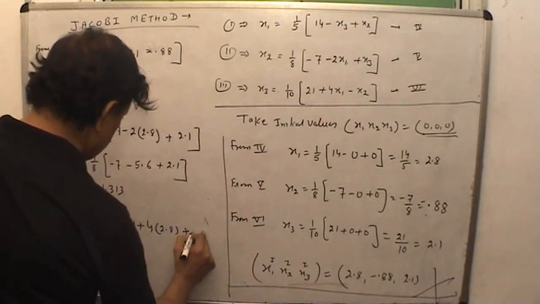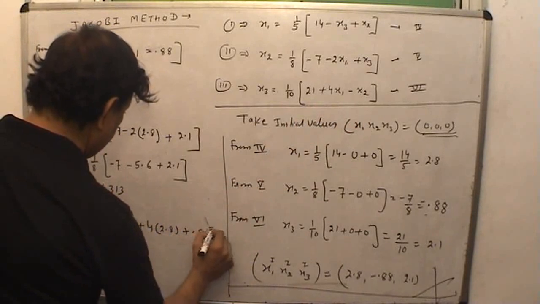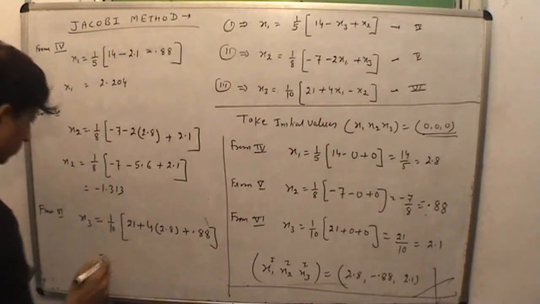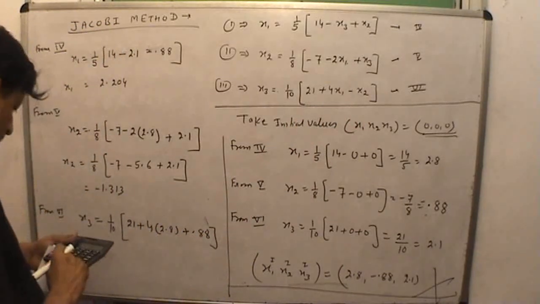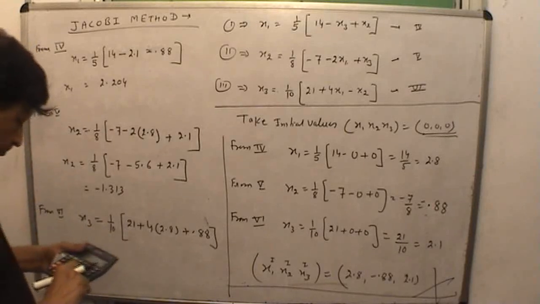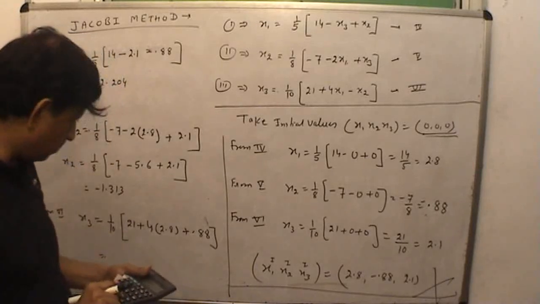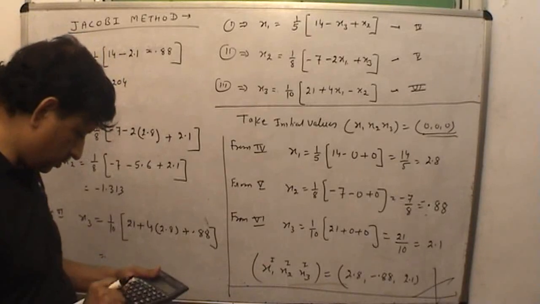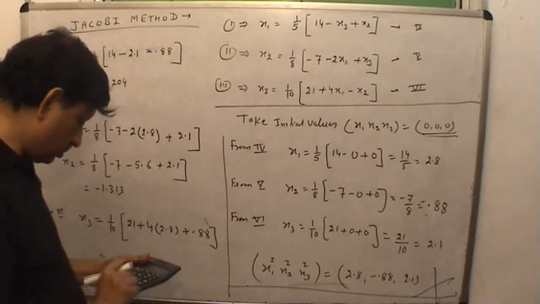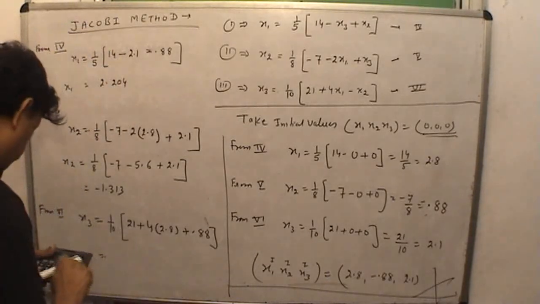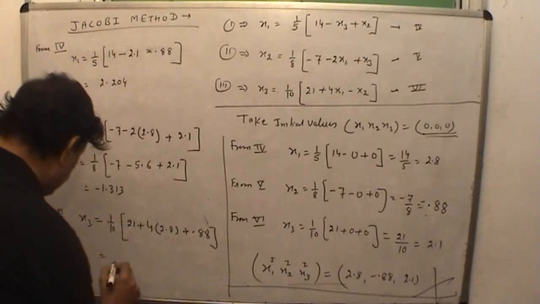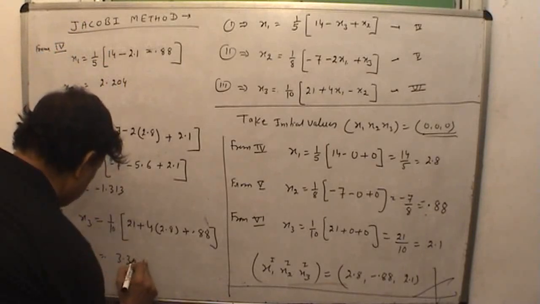Minus plus, that is 0.88. That's equal to 3.308.